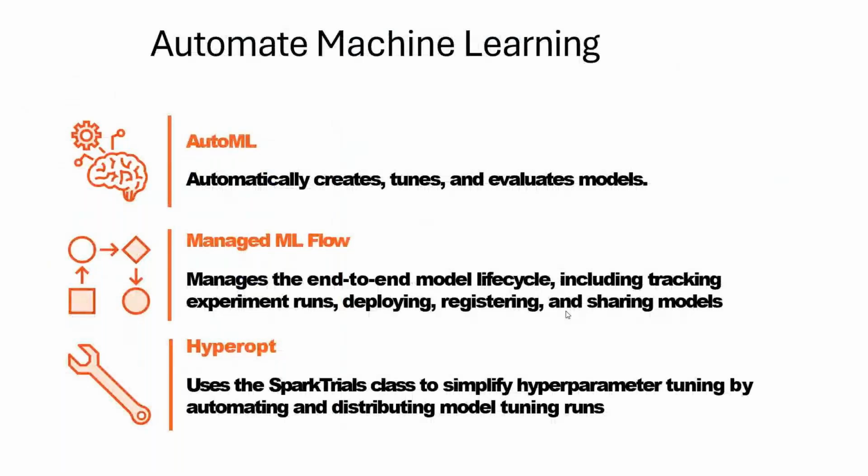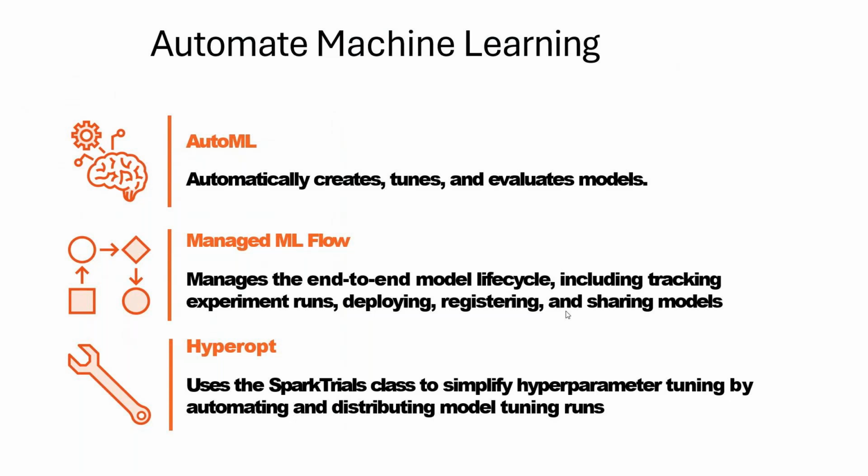Some of the features we have are like AutoML, which automatically creates, tunes, and evaluates models. AutoML is automated machine learning. This feature at Databricks is very helpful for all the ML model developers.